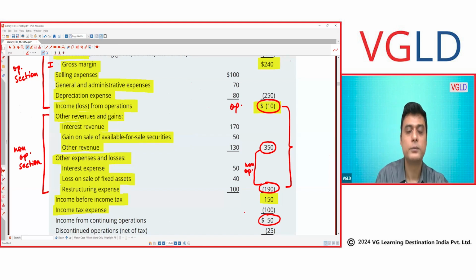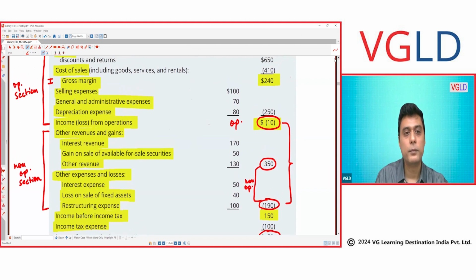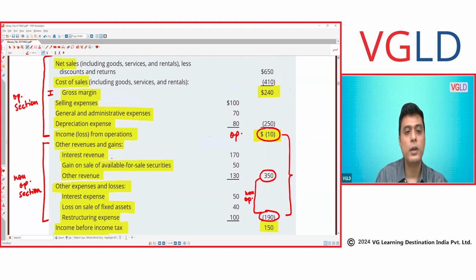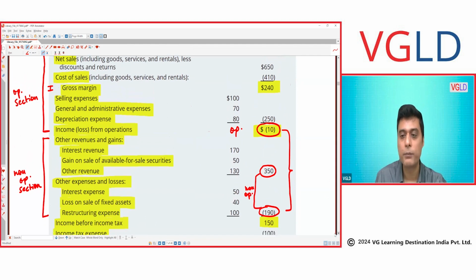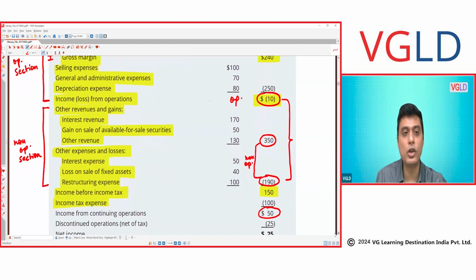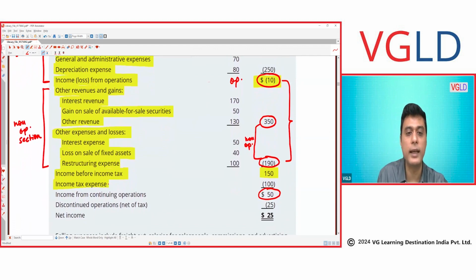So far? Now, remember, all the operating revenues and expenses are gross concept, gains and losses are net concept. And anything above the income tax line is gross of tax. Anything below the income tax line is net of tax.